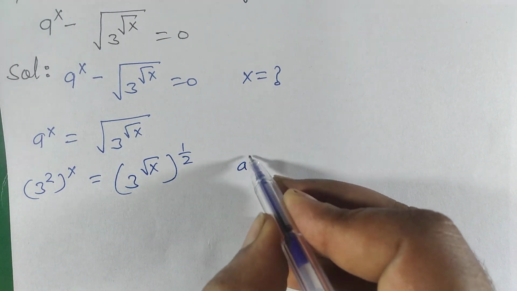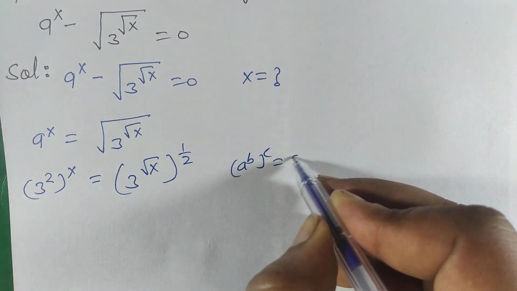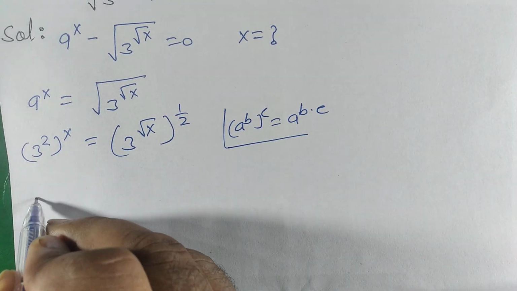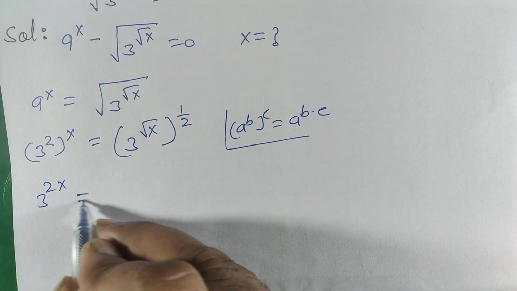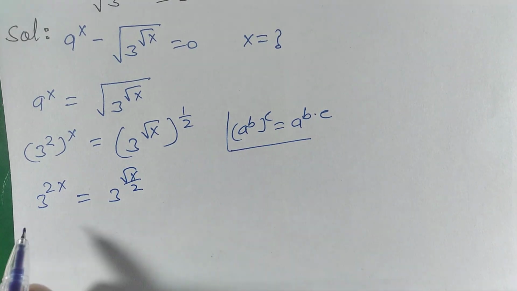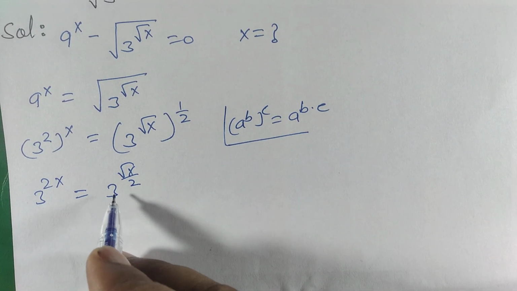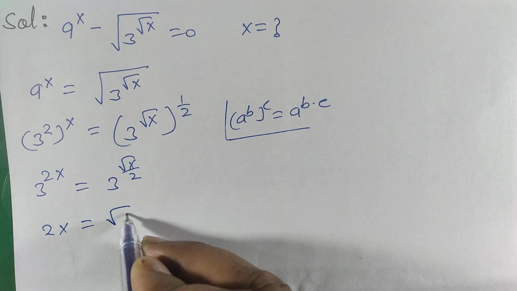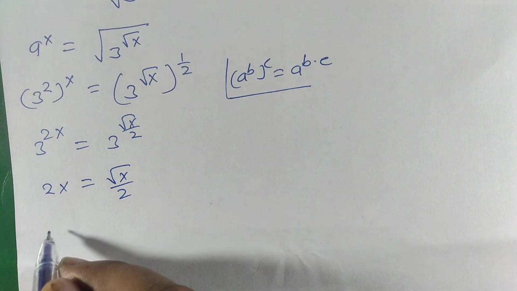We know that a to the power b, whole to the power c, is equal to a to the power b times c. Applying this law on both sides, 3 to the power 2x is equal to 3 to the power square root of x by 2. Base and base are the same, so equating the exponents, 2x is equal to square root of x by 2.